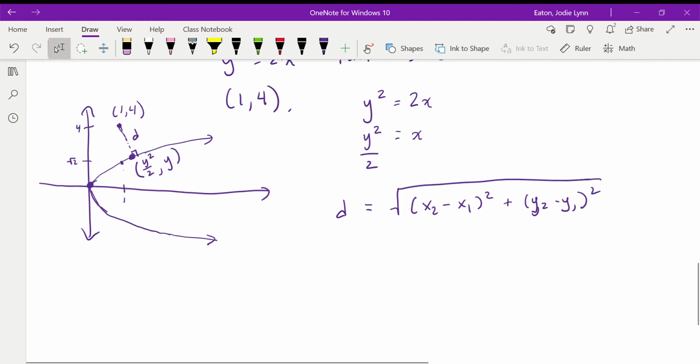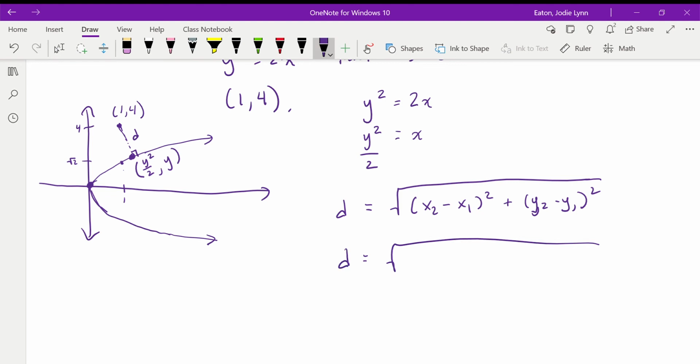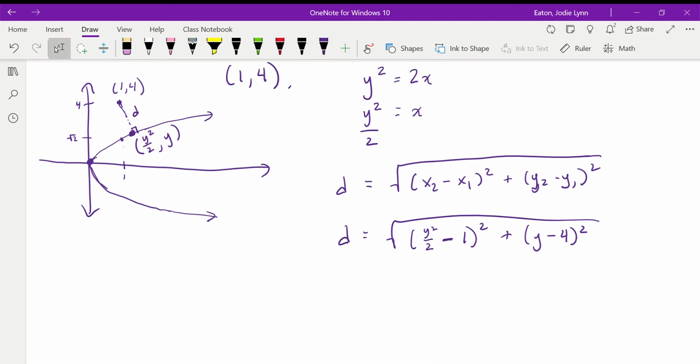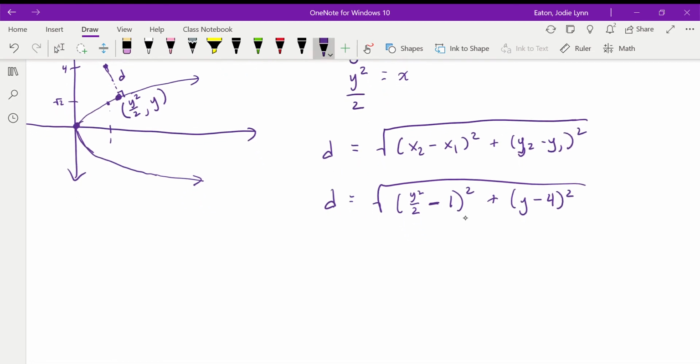Now we're going to use x equals y squared over 2 and y, so our distance is equal to the square root of (y squared over 2 minus 1) squared plus (y minus 4) squared. And this looks like a super, super fun equation. We're going to be taking the derivative of this, so now we're going for d prime.